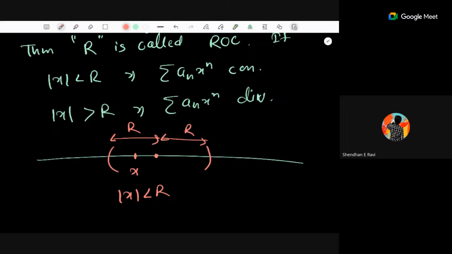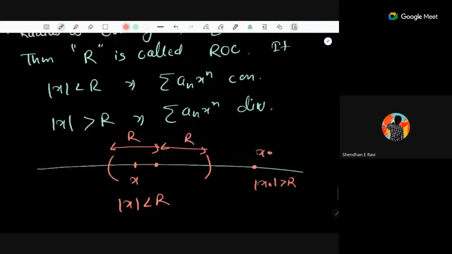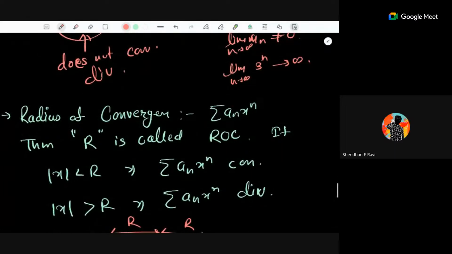If you consider a circle, in place of a circle we have an interval here. If you take any value of x in between this interval, the power series converges. But if you take any outside value x naught, with modulus of x naught greater than r, the series diverges. So this is known as the radius of convergence.